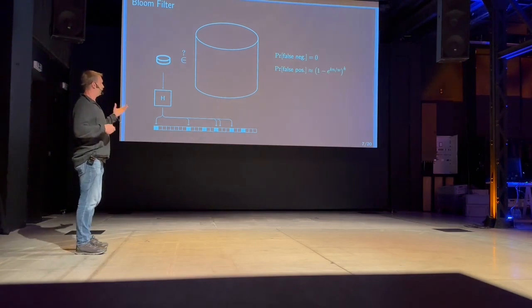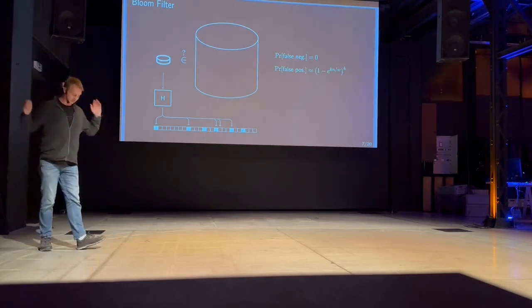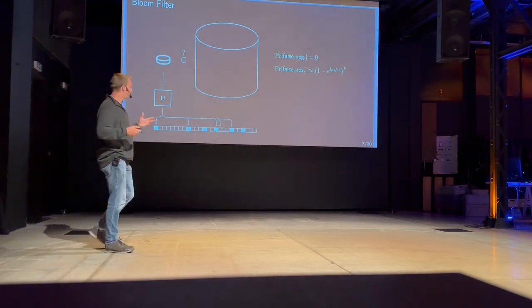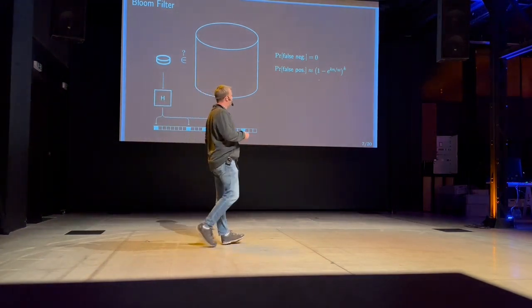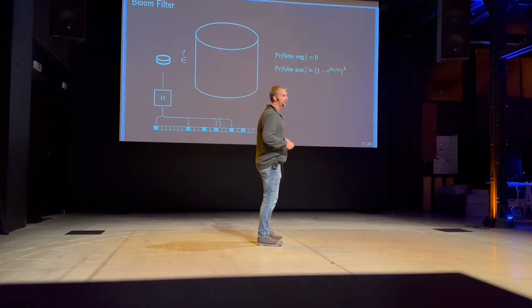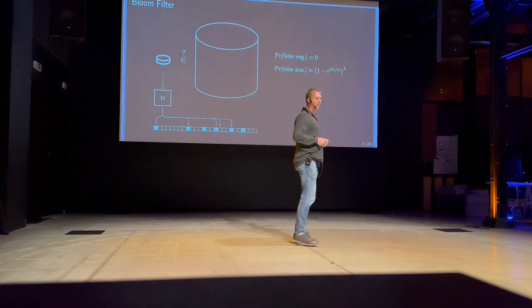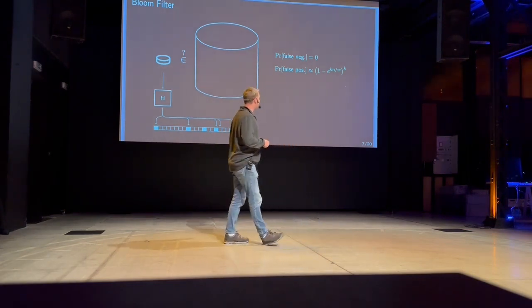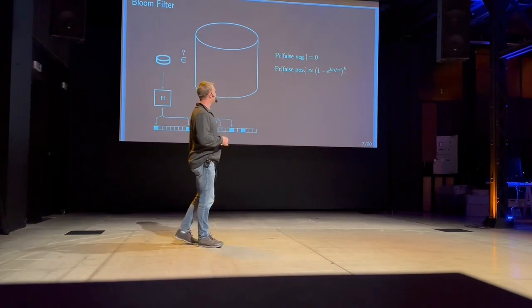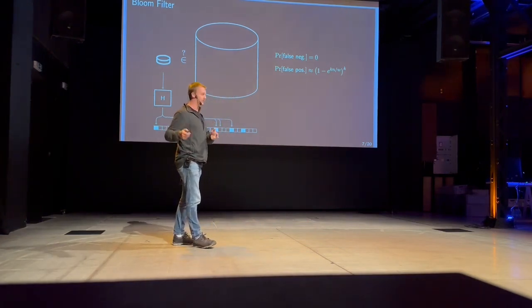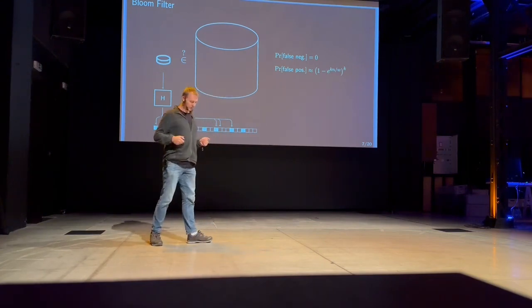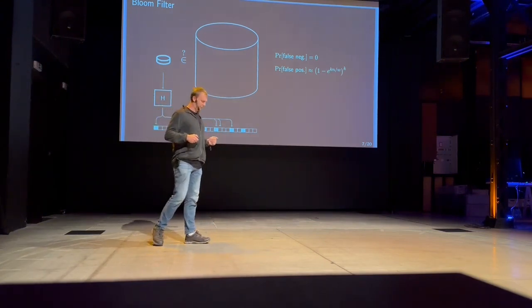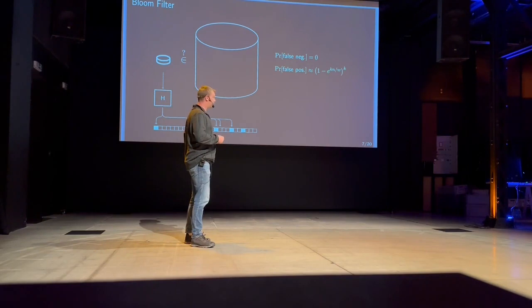And there's an analytical expression for the probability of getting a false positive. And the nice thing about this expression is that there are tunable parameters. We can make the window size very large, we can set the number of hash functions to something very small or something very large, depending on how you want it to work, depending on how many items you expect to accumulate.